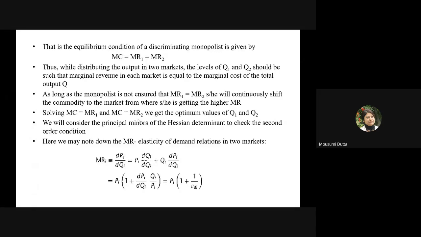I am telling that the necessary condition to apply this kind of price discrimination is that price elasticity should be different in different markets. Okay, and for that matter, we will bring our known relationship between MR and price elasticity. MR_i is equal to P_i times (1 plus 1 by elasticity of demand in the ith market). I think all of you are familiar with this equation, the relation between marginal revenue and price elasticity of demand.